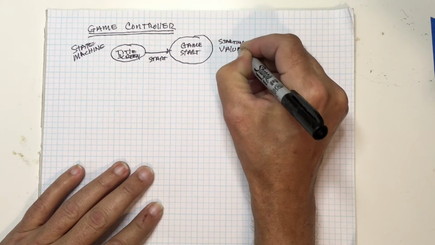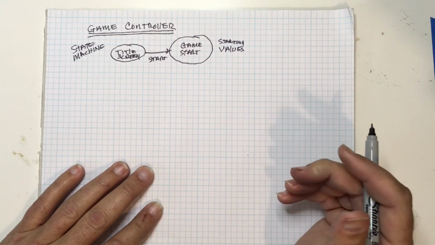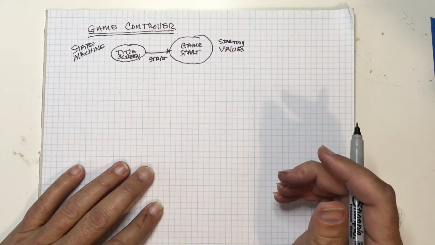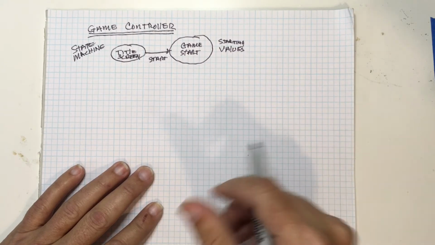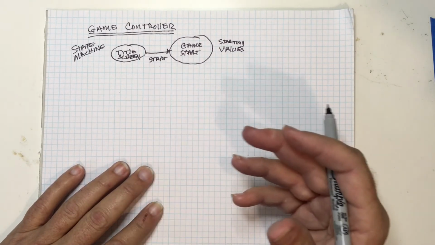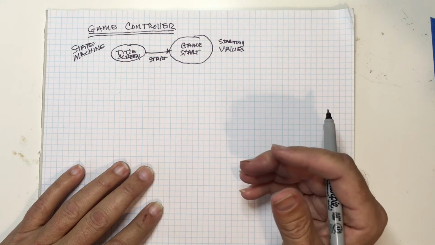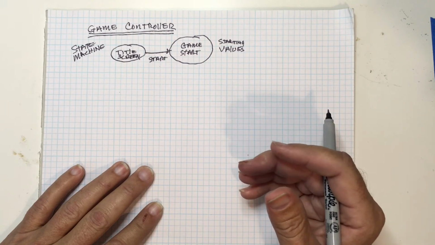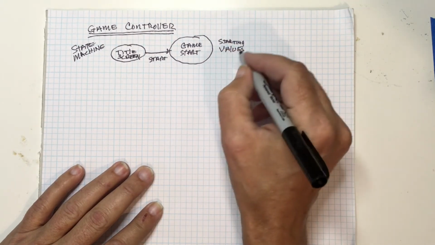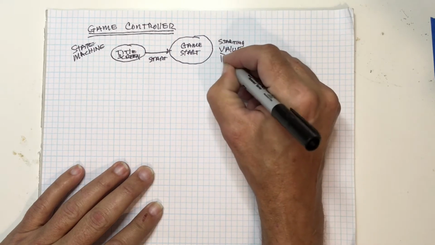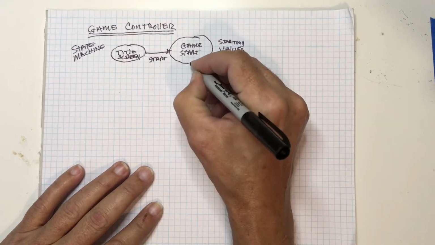The score, the wave number, and all sorts of things, where it brings up the planet, can bring up the cursor, and that sort of thing. So it does all the prep and the starting values.